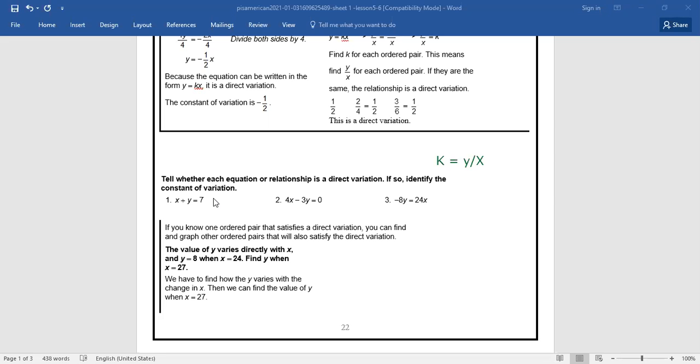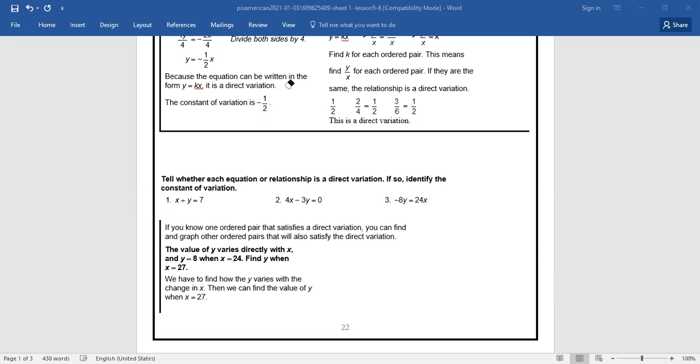It's not direct. Why? Because it has a y-intercept. To say that this one is a direct variation, the y-intercept should be equal to 0, right? Okay, what about question number 2?